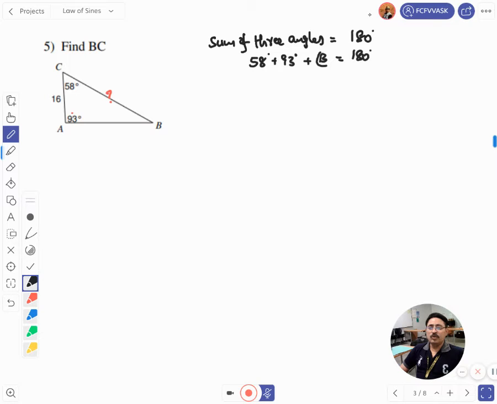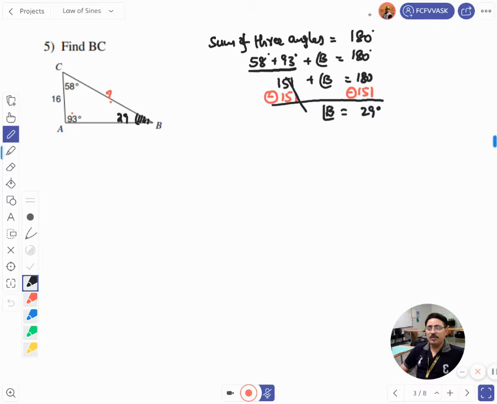So let me do quick math. 58 plus 93, that is 151, plus angle B is 180 degrees. Now use a simple algebra. You know how to isolate B by subtracting 151 on both the sides. You get that angle B equals to 29 degrees. So angle B is 29 degrees.